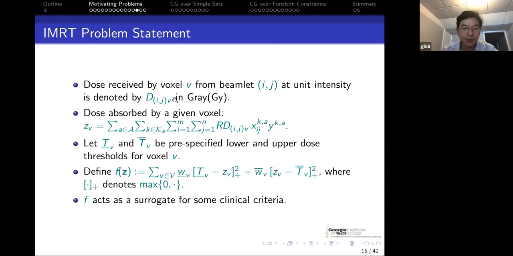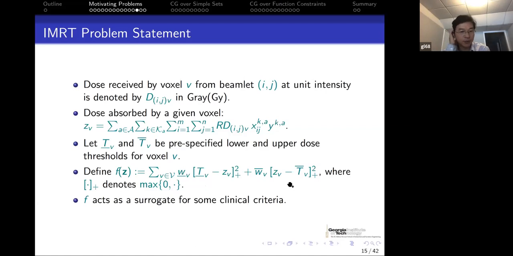The dose received by a voxel from a beamlet is denoted by z_v, which is basically a summation of all the doses received from all the apertures. Then the objective function is basically a penalty function that requires the dose received in each voxel to be within a certain interval, like under 90 and over 90.